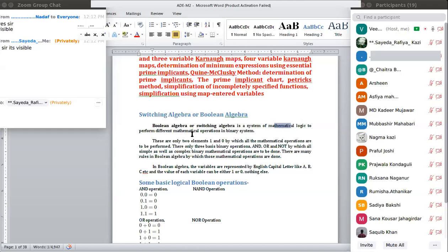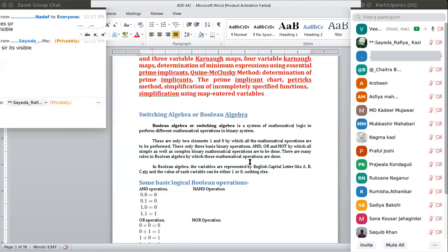Then what is this binary number system? There are only two elements, definitely we know, 1 and 0, by which all mathematical operations are to be performed. Based upon 1 and 0, we are going to perform other logical mathematical operations.